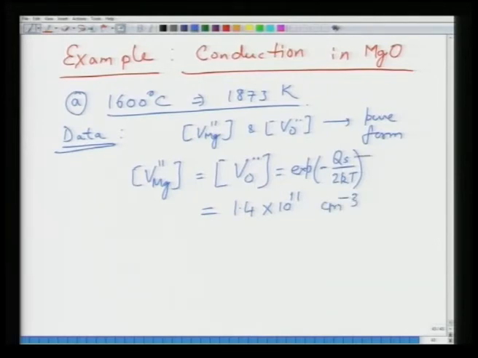You can refer to previous lectures for the value of Q, and T as you know is 1873 Kelvin. Okay. And so, this is your ionic defect concentration.